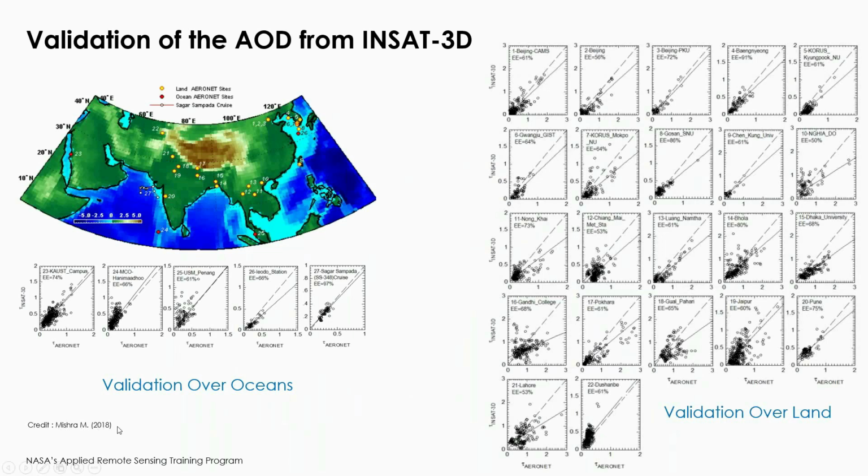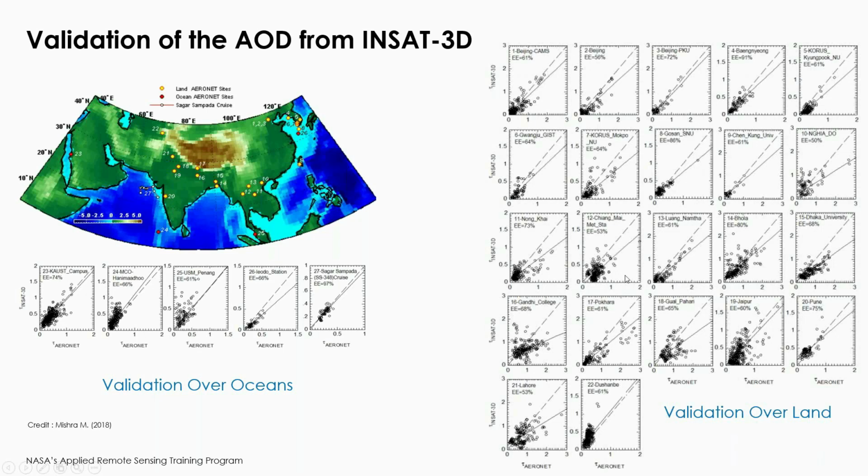So this is just a few results which are available in a paper published by Mishra et al. in 2018 in JGR, where the AOD retrievals have been compared over ocean and over land using the AeroNet data, which is being measured by sun photometers in India over land, as well as in some of the eastern Asian regions, as well as over the oceans. And we also use some of this data which was collected using the ship crews.